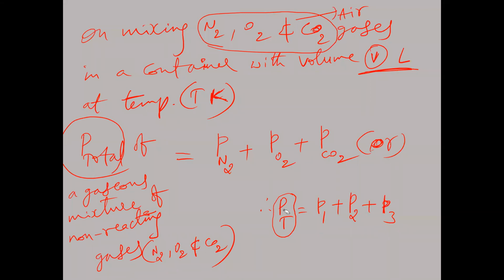It is called Dalton's law of partial pressures. According to Dalton's law of partial pressures, the total pressure of a gaseous mixture of non-reacting gases is equal to the sum of partial pressures of all the individual gases in the given mixture. So this formula we have to mainly remember.